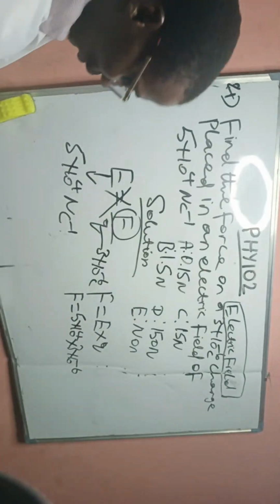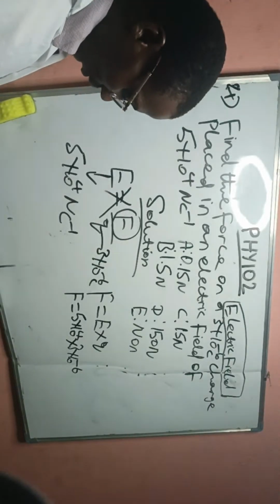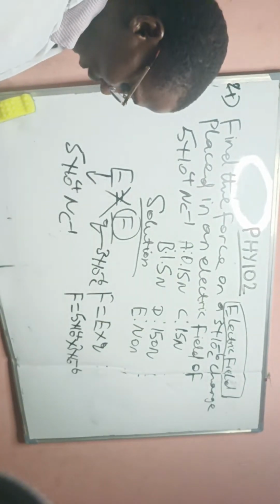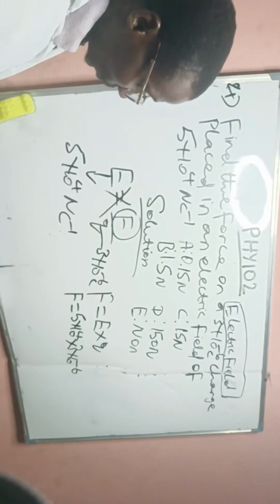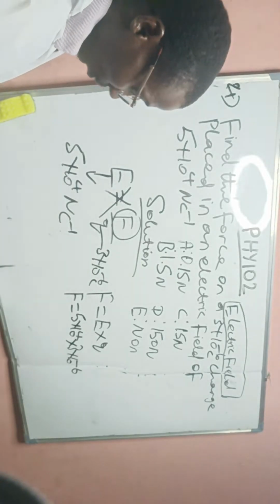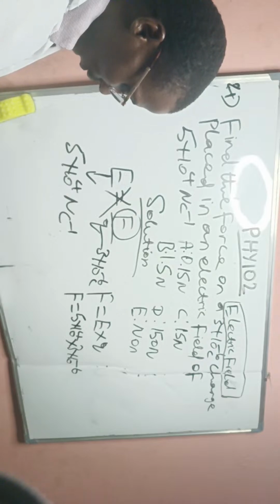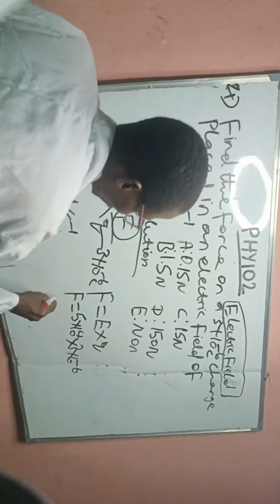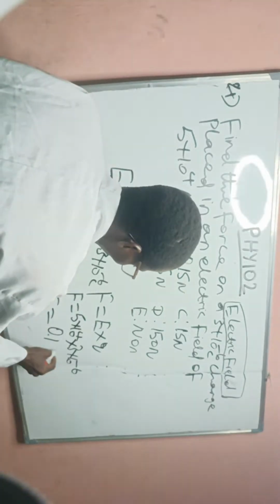If you punch this on your calculator, which is 5 times 10 power 4 multiplied by 3 times 10 power minus 6, the correct answer for this question, F equals 0.15.